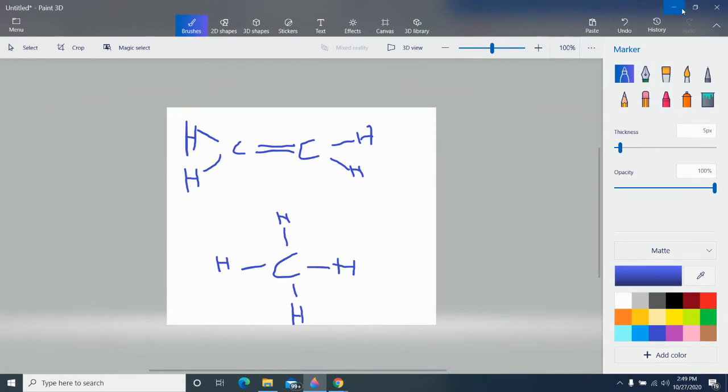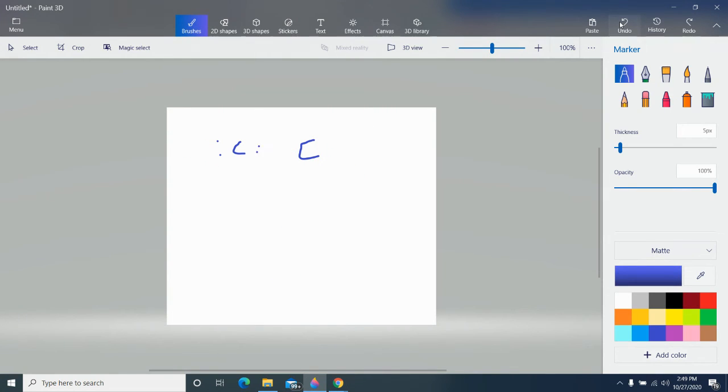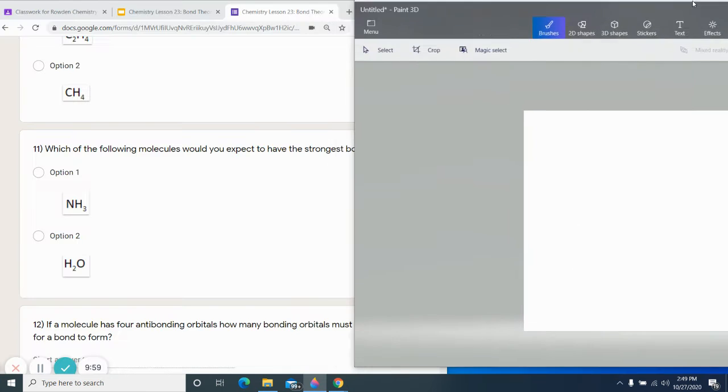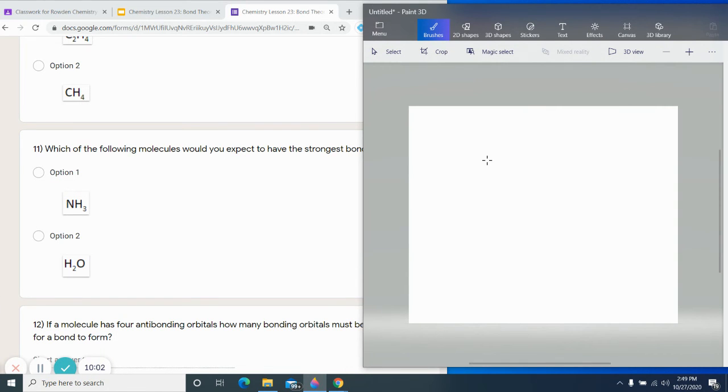Okay. And then lastly, for this last one, we're going to need to think about some stuff from a previous lesson. So when we do NH3, we'll have N, and it's going to have 5. So we can go like this, H. We have H and H. So a triple bond, but they're all just single sigma bonds.